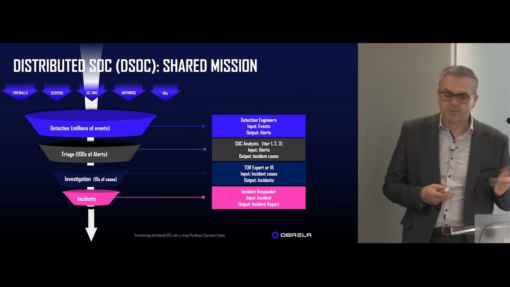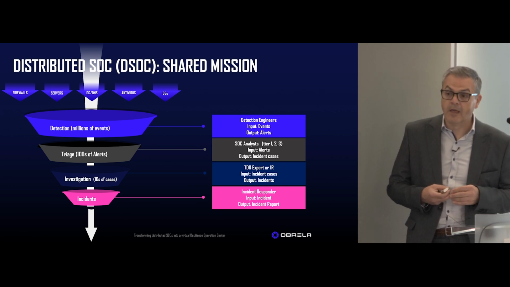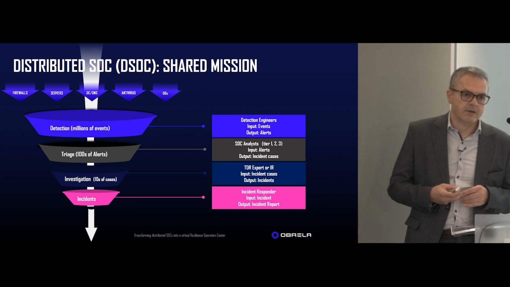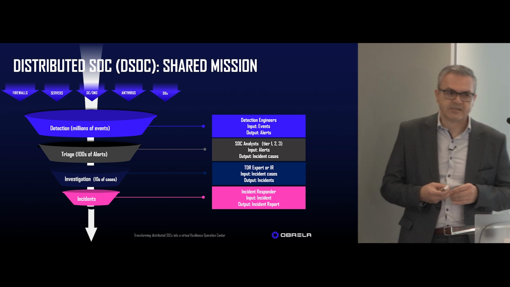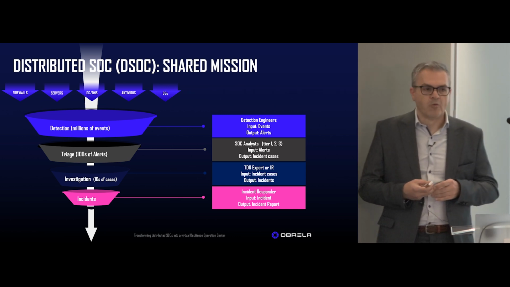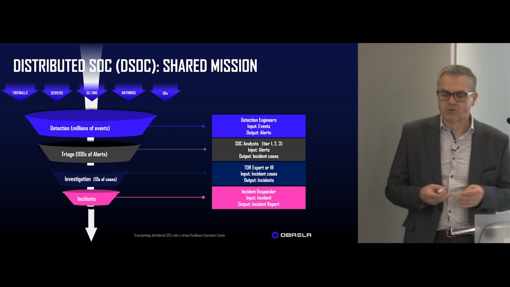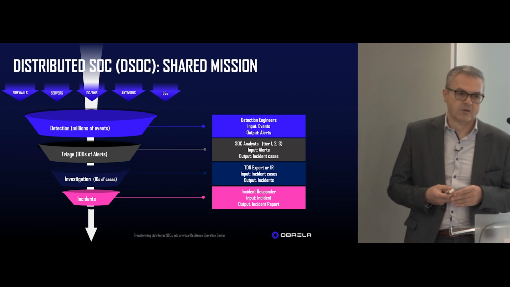However, is it possible for a DSOC to deliver equally high quality, reliable, and professional services no matter its operating model? A distributed SOC can be a regional, a follow-the-sun, or a remote SOC model.